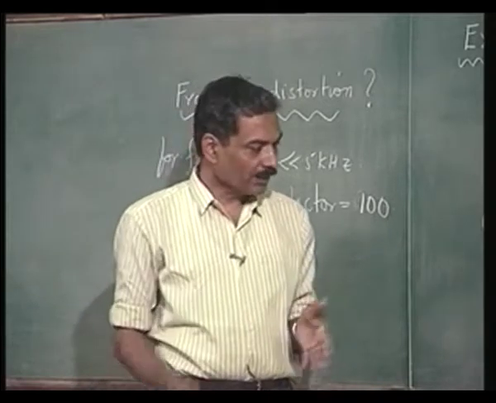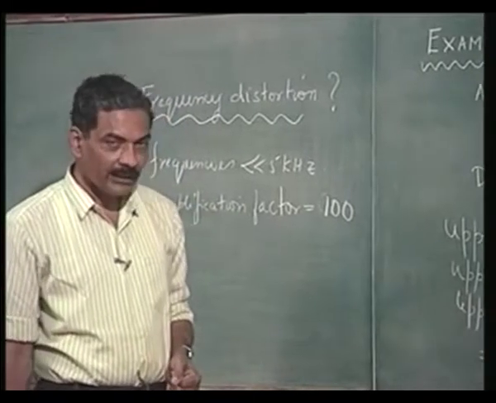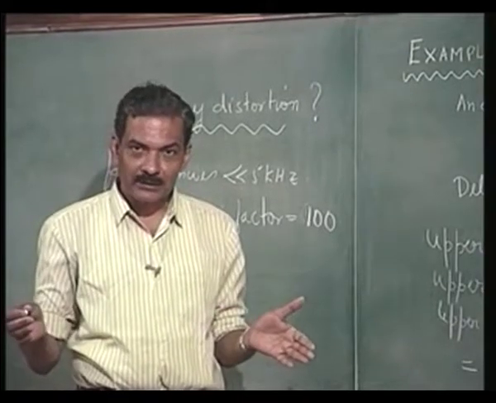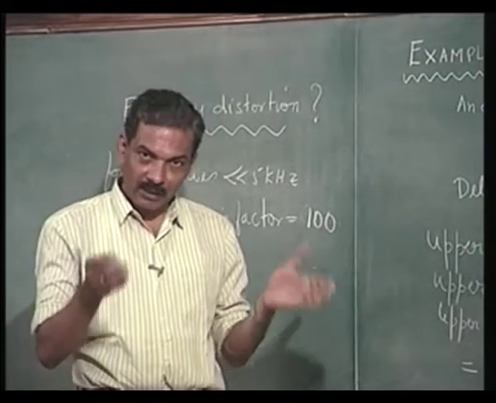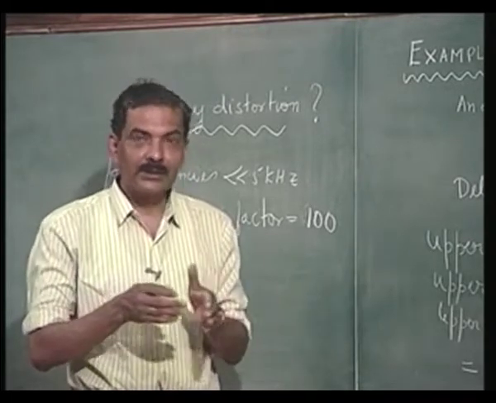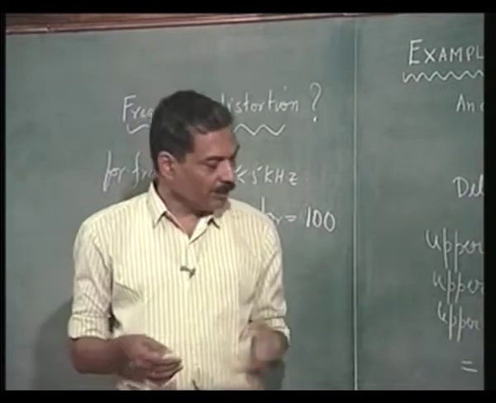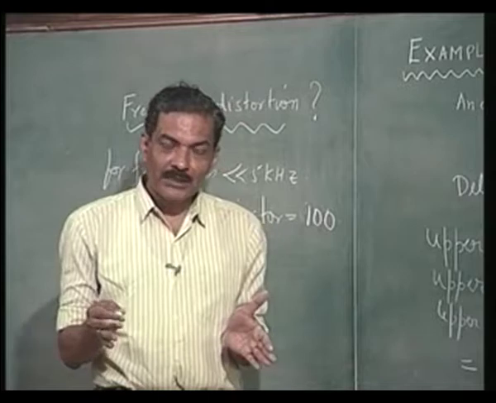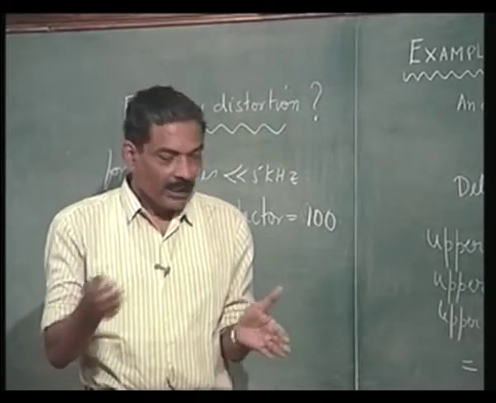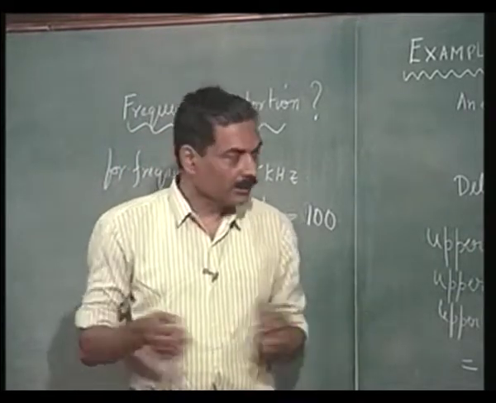For example, if we are designing a video amplifier, then the frequency components in the signal will be up to about megahertz. That means the upper cutoff frequency of that amplifier should be tens of megahertz, so that no distortion occurs in the signal. If it is an audio amplifier, maybe the signal frequency components of interest will be only about 20 kilohertz, the best audio amplifier, let us say, and therefore the upper cutoff frequency need be only about 20 kilohertz.